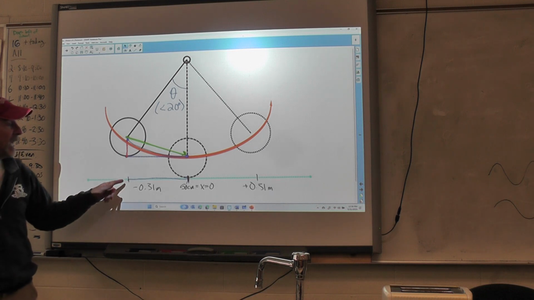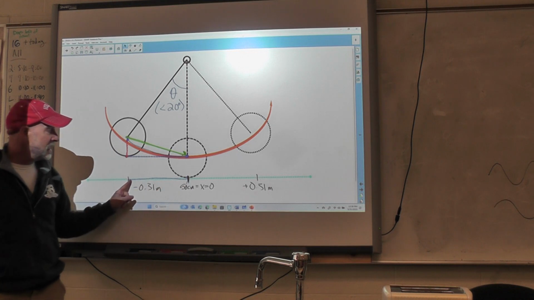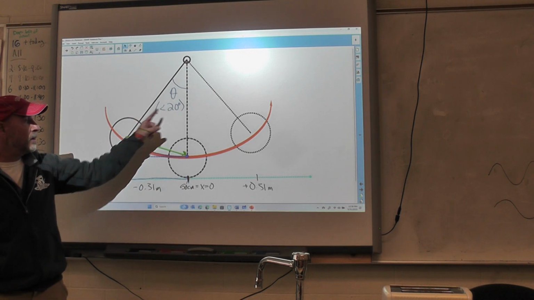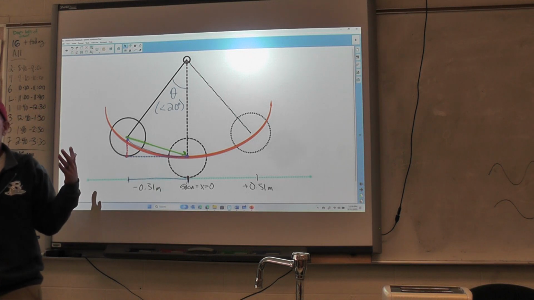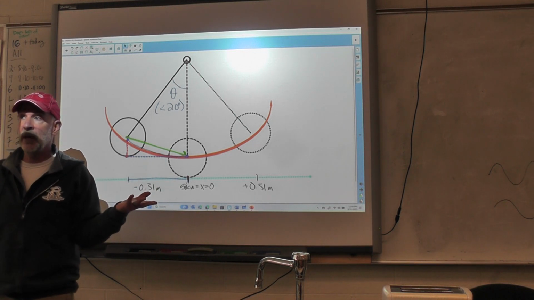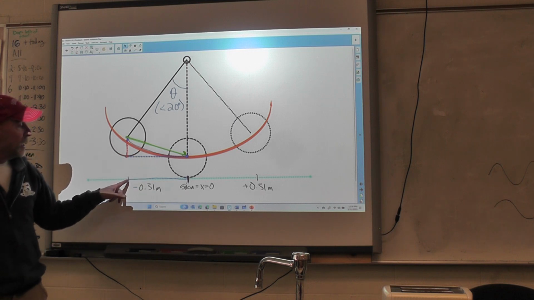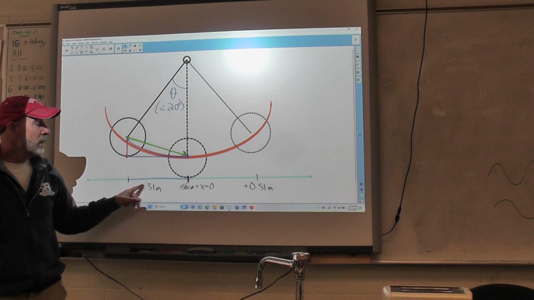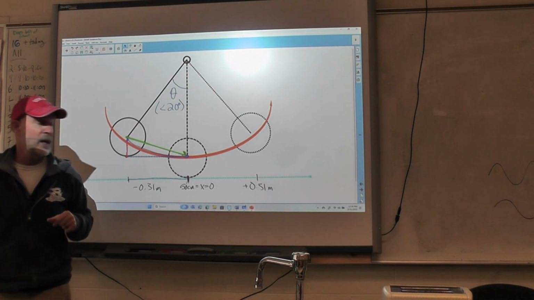But if you keep these angles at less than 20 degrees, you can use this distance in place of the angle, the chord length, the arc length, or the height. All of those are a little bit more difficult to measure and don't really give you anything in terms of additional accuracy. So this will be how we look at the motion, the location of your pendulum.